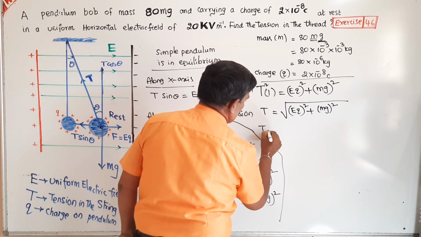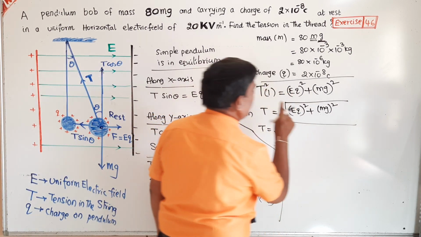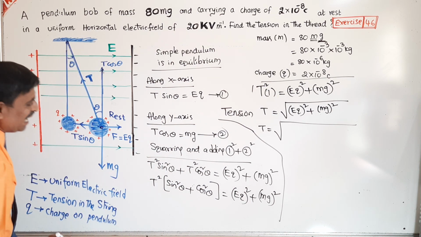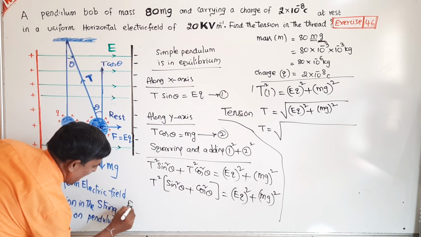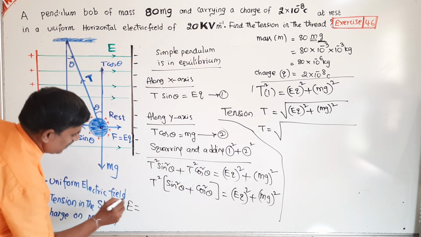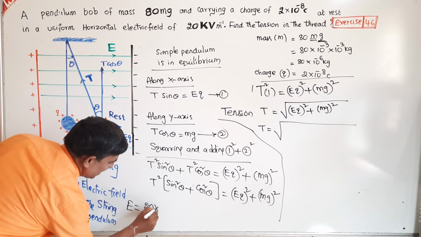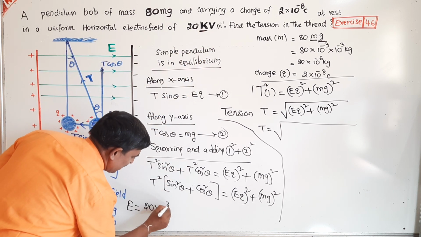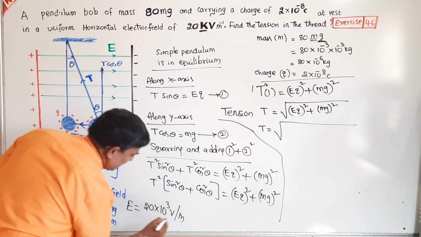T represents the tension in the string. E means electric field. Electric field is given as 20 kilovolt per meter. Kilo means 10 power 3 volt per meter.